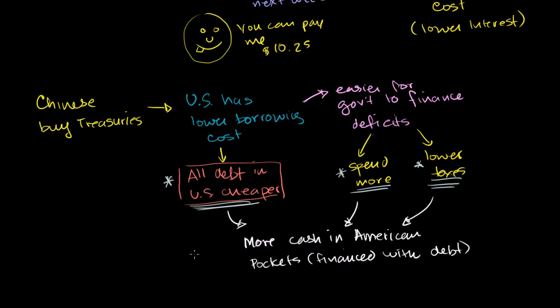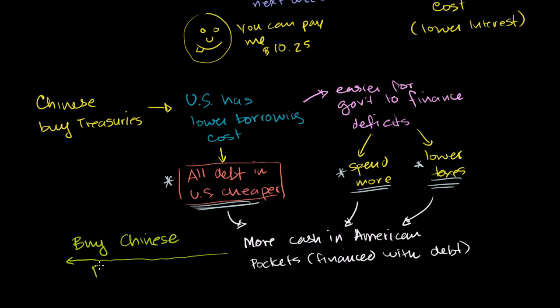And what are they going to do? Well, they're going to buy cheap Chinese products that are artificially cheap because the currency is lower. And obviously, they do have lower labor costs and all of that, but it's even lower to the American than it would be if the currency were allowed to freely float.